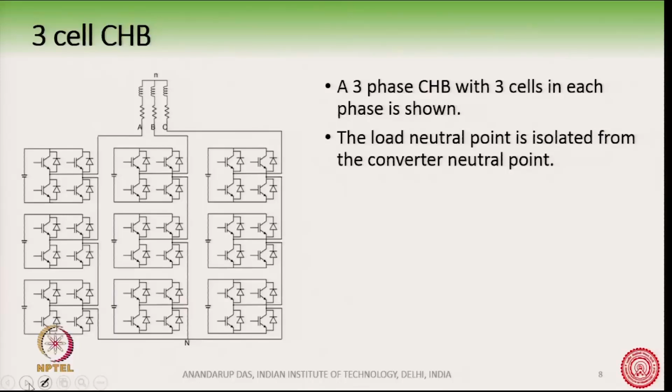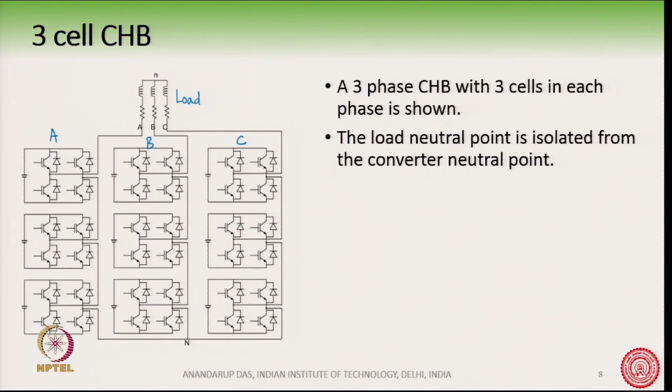So, how do you now get a 3-phase converter? I have shown this with a 3 cell CHB here. So, this is phase A, this is phase B, and this is phase C. This is the load here, and here is the converter.